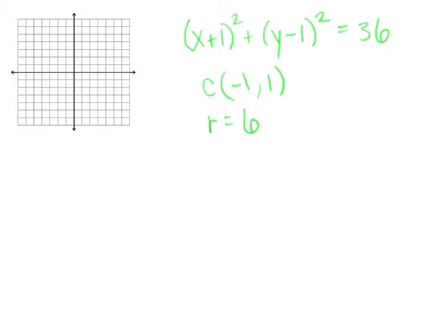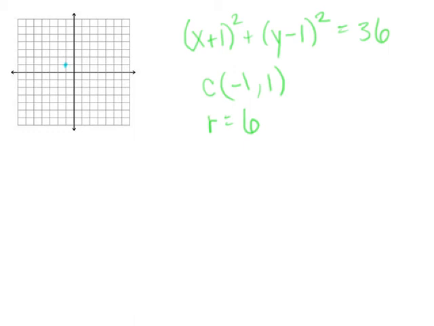Let's go ahead and do that. At -1, 1, here is the center. And then I'm going to do the exact same thing that I just taught you in the last example, which is that I can count vertically and horizontally from the center to get my points on the circle. Because 6 is a whole number, it's easy to count horizontally and vertically.